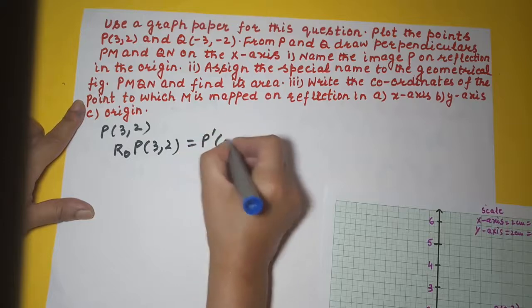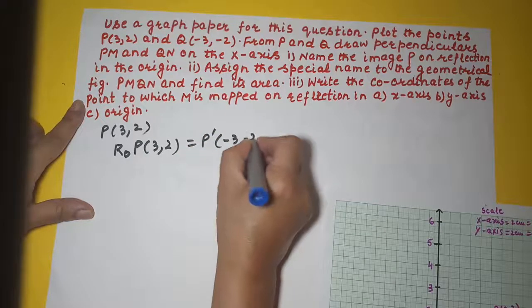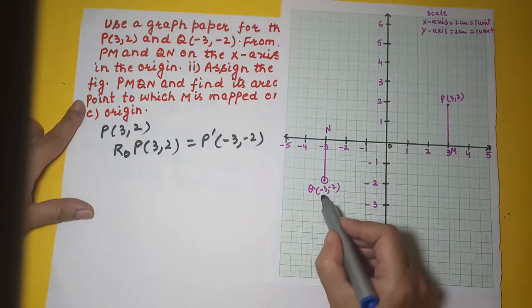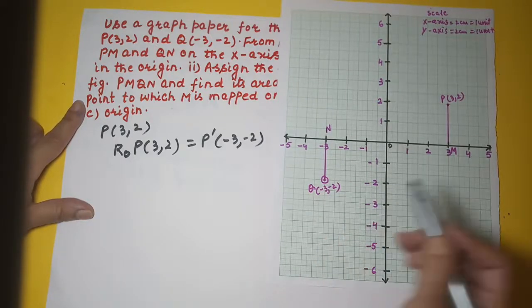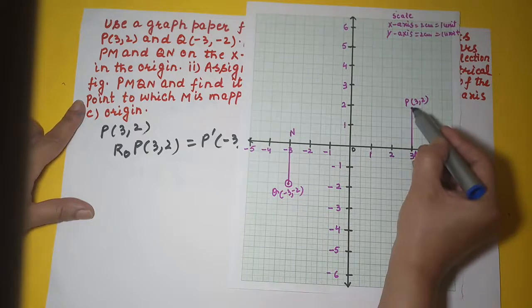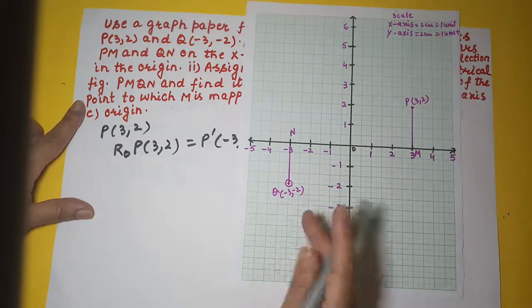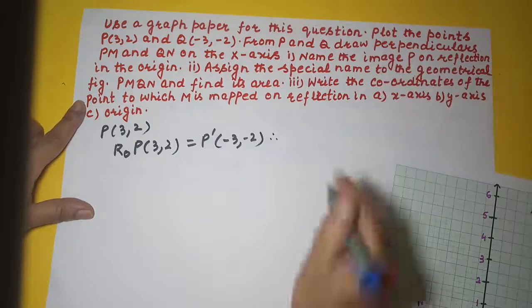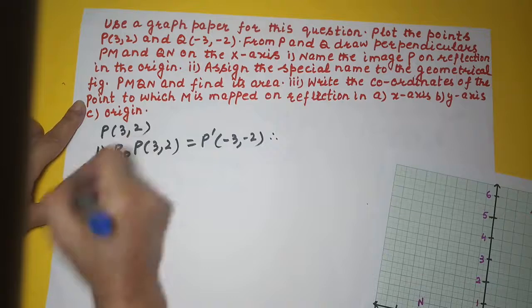P dash as (-3, -2), right? So if I look at this point Q, it's also (-3, -2). So the image of point P, when I reflect that through the origin, is Q, right? So this is actually my first part. I'm answering my first part.